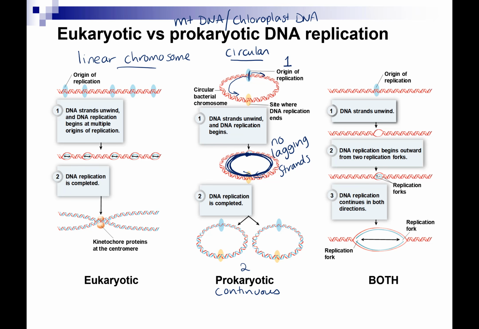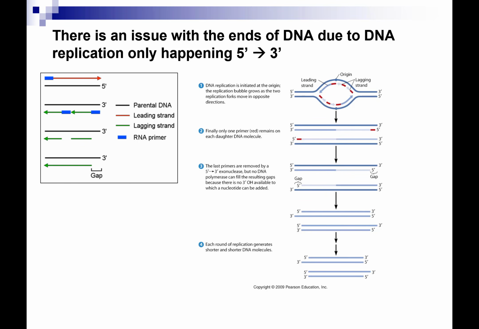Okay, pretty cool. Versus your DNA is so big, even in the 46 chromosomes you have, that we have multiple origins of replication. That's why we have these replication bubbles and we have bidirectional replication. But then we have something called an end replication problem. I want to show you that. So, if you look at this side of the figure first. Here's our replication bubble. We're copying. We eventually remove all of those primers.